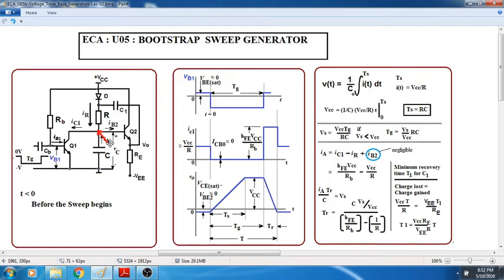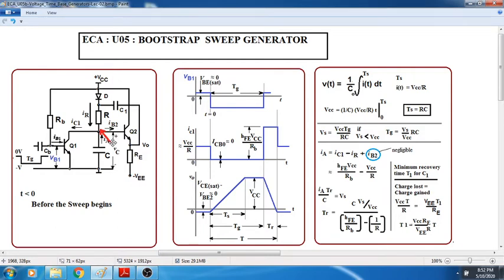So our objective is to make the current flowing through the resistor constant with time so that the voltage across the capacitor will increase linearly with time. Okay, that was the objective.